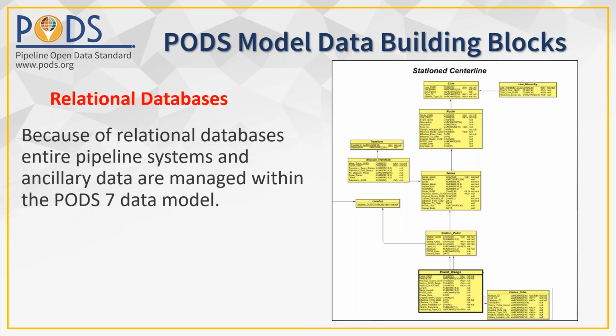If you lift the cover on it, you're always going to see related data tables. These databases and the relationships between them are the engine behind the PODS data model. So in this unit, we'll gain a better understanding of relational databases. If you're not familiar with them, you'll learn a little bit more about how they work and how they function within PODS.